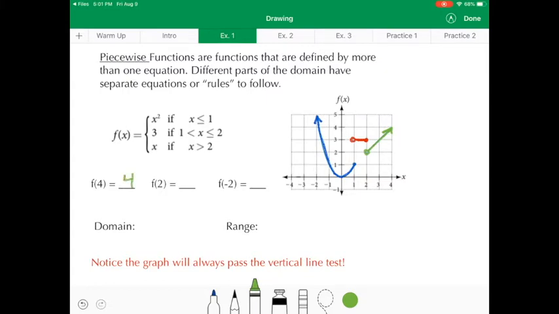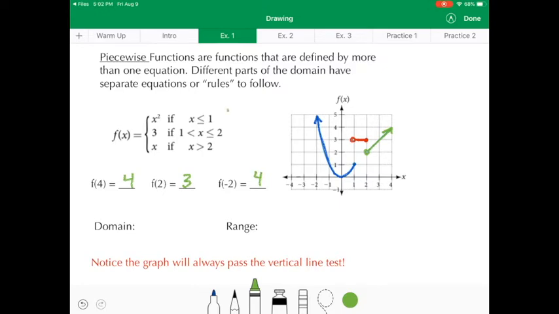The next value that we'll plug in is 2. F of 2 fits into this domain, and that will evaluate out to 3. And then lastly, f of negative 2 fits into this domain. So f of negative 2 would mean you need to square the negative 2, which would result in 4 as well.